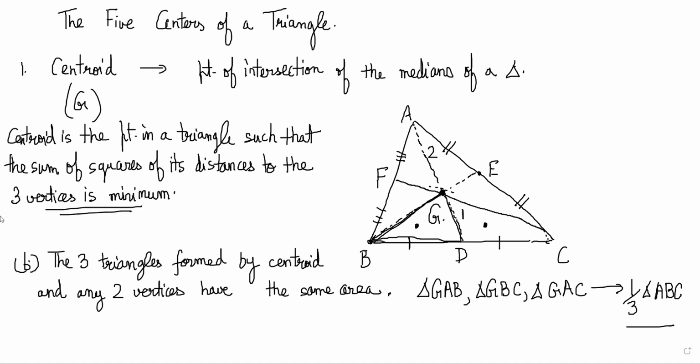What does this mean? This means that the centroid is the point such that GA square plus GB square plus GC square is the minimum possible value.